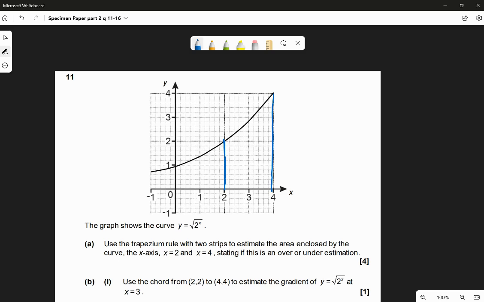Okay, so the two trapezia will be the one between x equals 2 and x equals 3, and the one between x equals 3 and x equals 4. So I'll call that trapezium 1 and trapezium 2. Now, clearly, as you can see, that area under the curve will not be a trapezium because the curve is a curve and the trapezium is made of straight lines.